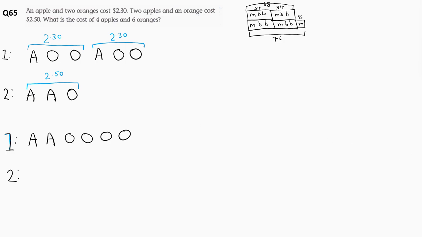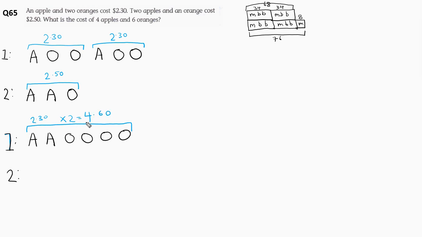And I can also give them a value, okay, because together they are 2.30 times 2. Yeah, do you agree? Okay, and that's going to give us 4.60.